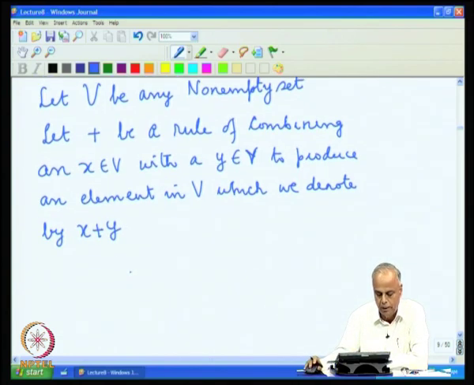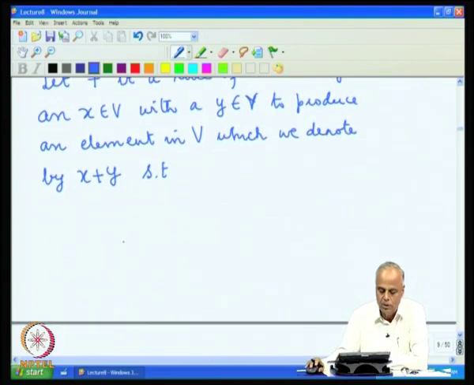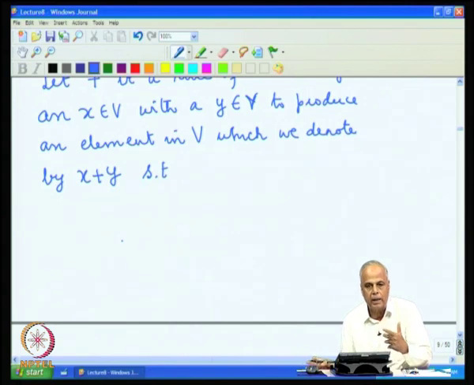It is only symbolic. The outcome of this combination is x plus y, such that we now demand all the rules that the plus obeyed in R and R k to be obeyed by this new rule of combination. What are these rules?